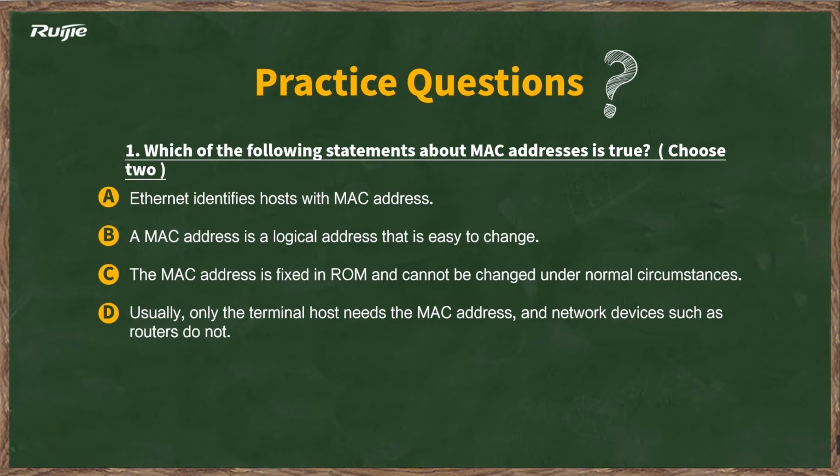Option C, the MAC address is fixed in the ROM and cannot be changed under normal circumstances. So for options B and C, only one is correct, right? And option D, usually only the terminal host needs the MAC address, and network devices such as routers do not. So which answer is correct?